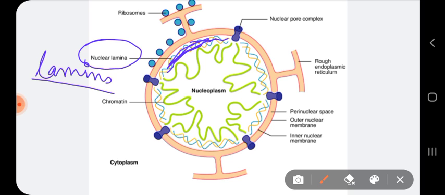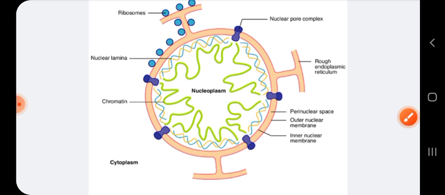Okay, there are also some lamina-associated proteins which cannot be represented in this diagram. I have shown a simple diagram of the nuclear lamina. Some additional proteins are also there, called lamina-associated proteins, which help to mediate the interaction between the nuclear lamina and the inner nuclear membrane.